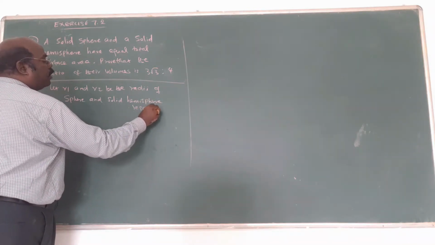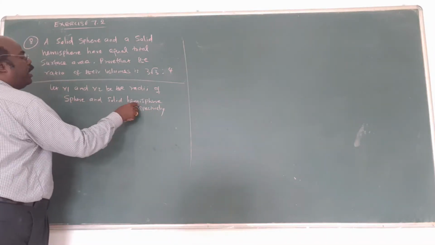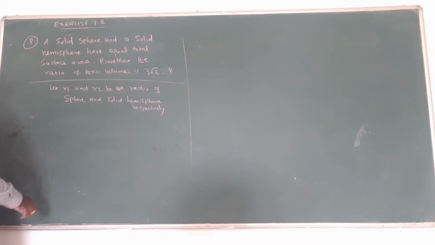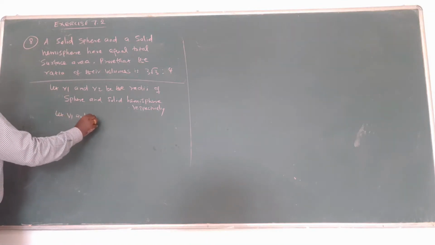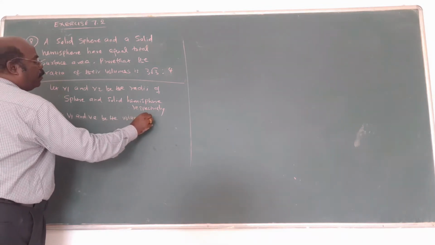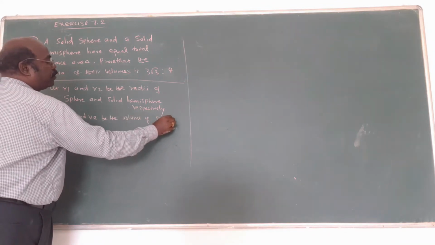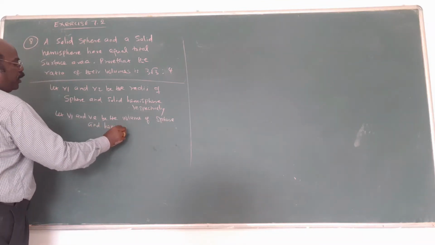That means R1 is the radius of the sphere, R2 is the radius of the hemisphere. The same thing, let V1 and V2 be the volumes of the sphere and hemisphere respectively.